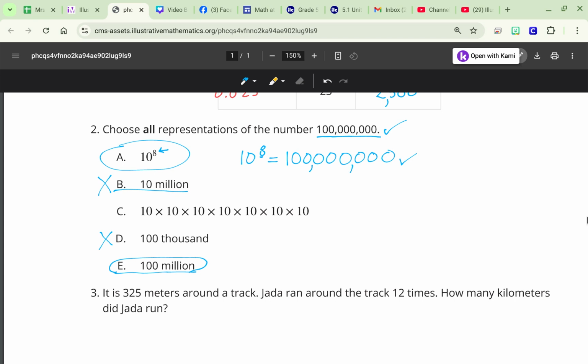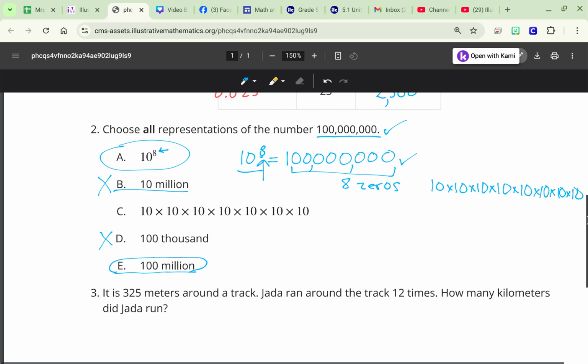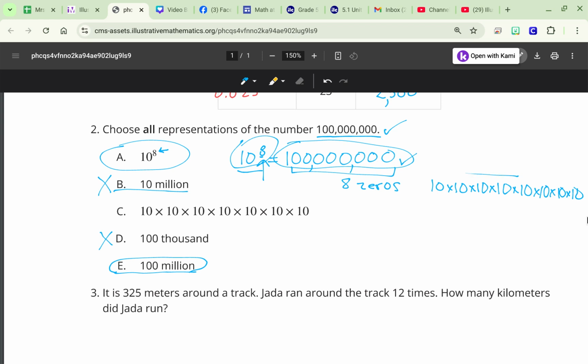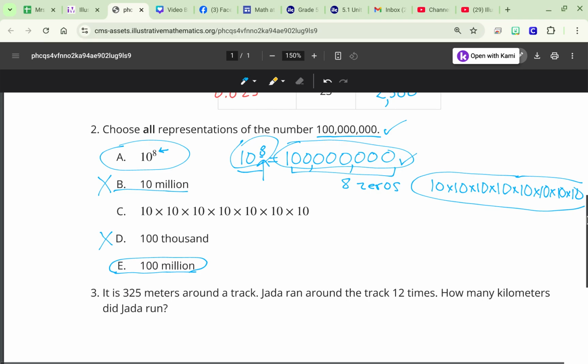Now let's take a look at C. What we also know to be true is that if I have 10 to the power of 8, or if I have 8 zeros, that should be the same thing as 10 multiplied together 8 times. This is 4 times, 5 times, 6 times, 7 times, and a squeeze, but there's 8 times because 10 to the power of 8 is the same as a 1 with 8 zeros and is the same in multiplication expression form as 8 tens being multiplied together.